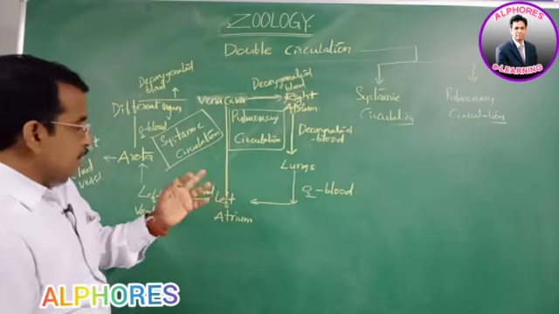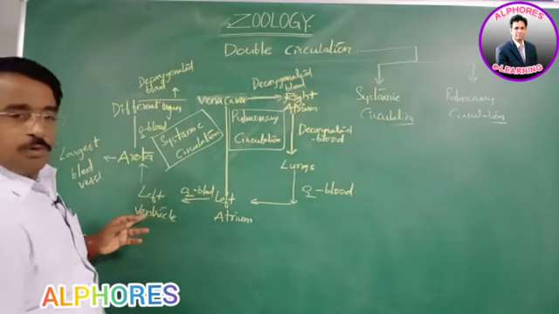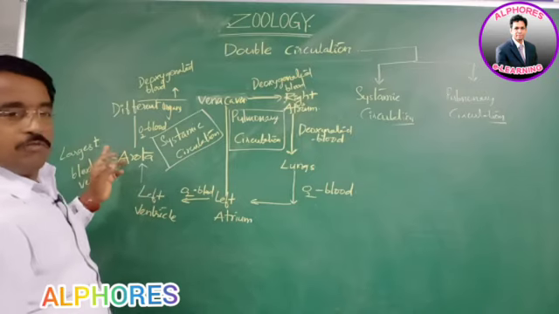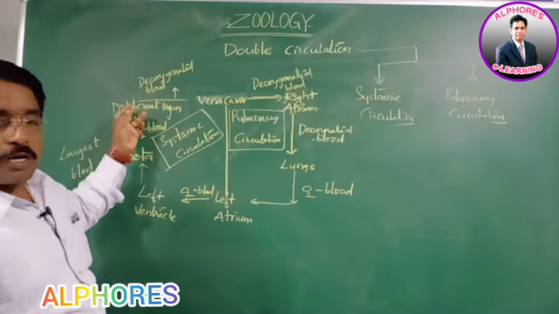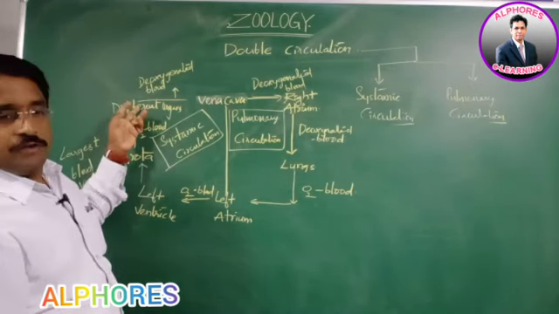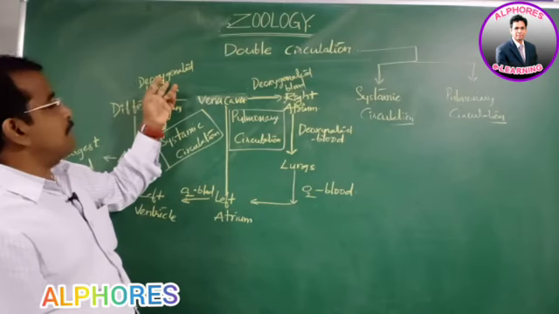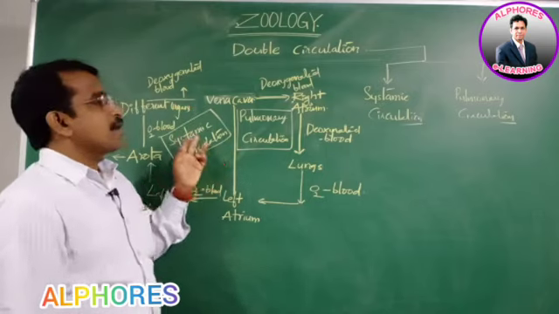So the oxygenated blood goes from the left atrium to the left ventricle, via the left systemic aortic arch into different organs. From the different parts, the deoxygenated blood is brought via the vena cava into the right atrium.